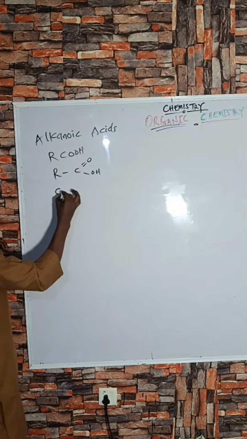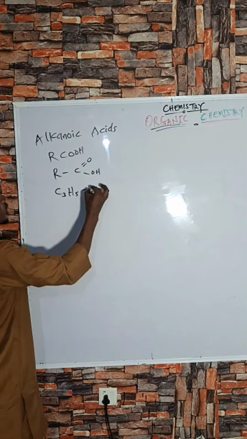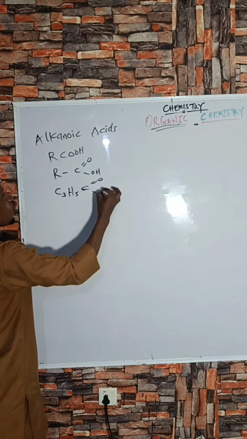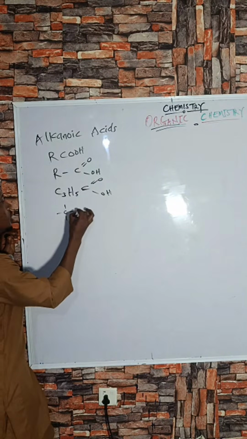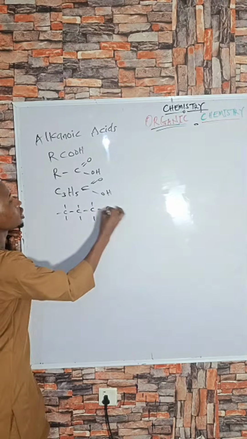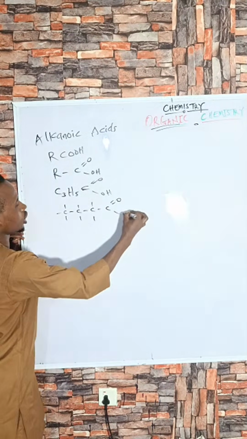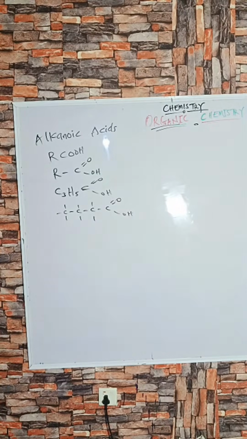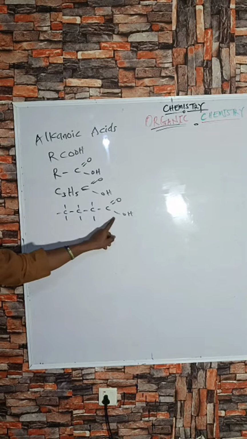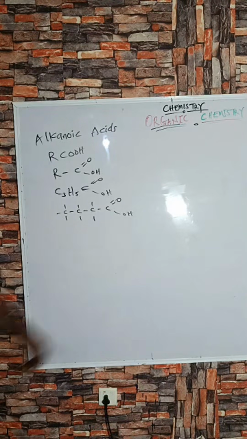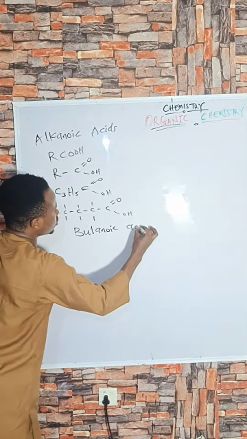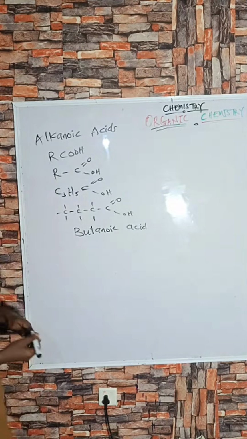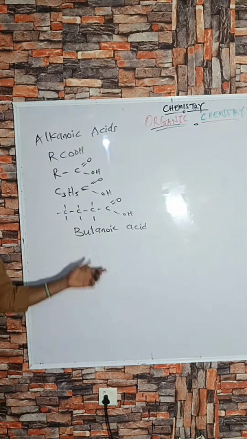So I'll use C3H5, then COOH. So when I expand this, I'm going to have C3, then COOH. So what do you think is going to be the way to name them? In order to name these ones, just count the number of carbon atoms. So how many carbon atoms we have in total? 4. And 4 is what? But. So this is going to be butanoic acid. This is the easiest that you are going to come across apparently. Although everything is easy, it's just about context. So this is butanoic acid.